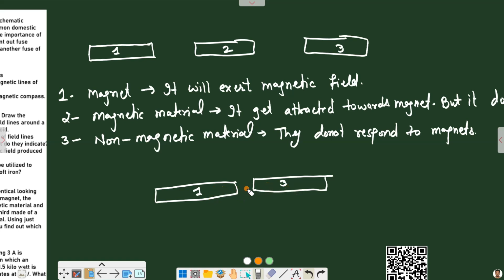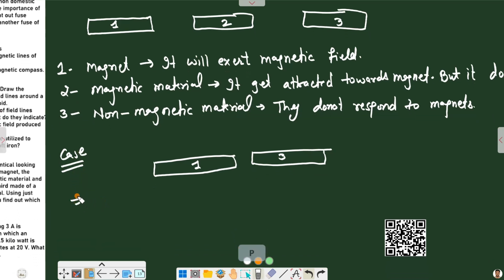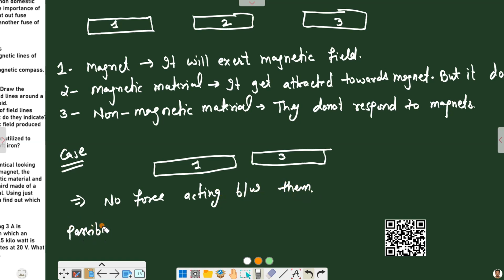So if there is no force acting between them, what are the possibilities?